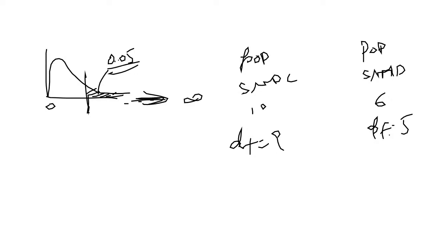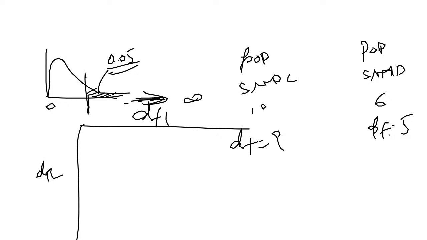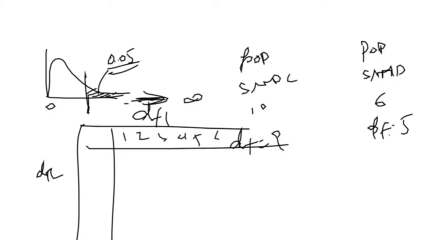So for various F distributions, you can simply Google it, and if you simply search F distribution, you will have on the horizontal axis df1, on the vertical axis df2. So if you look at the table, it will be 1, 2, 3, 4, 5, 6, all the way to infinity.